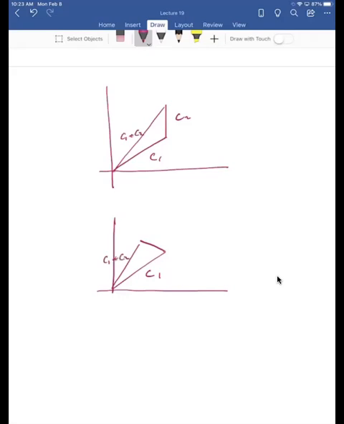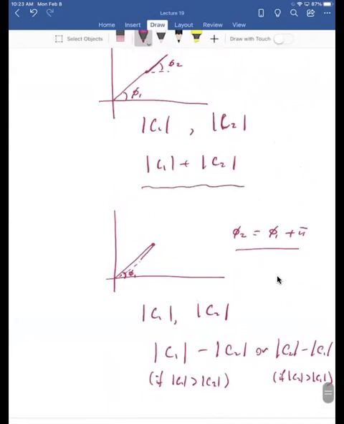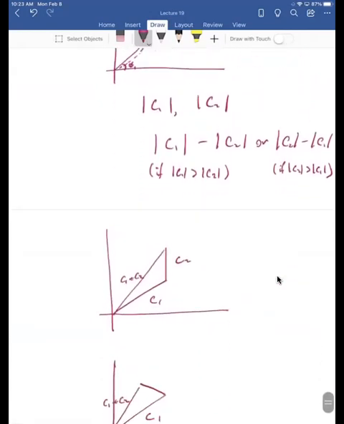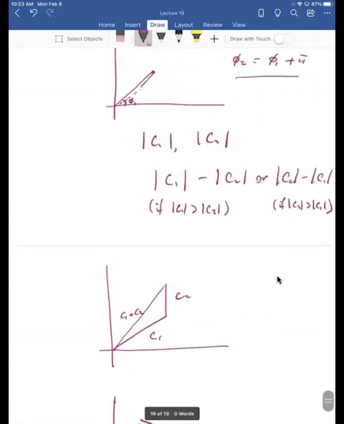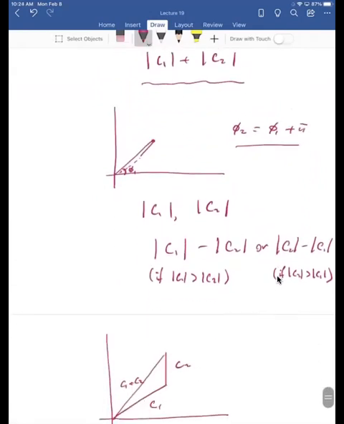And so depending on the phases, the outcome can be a complex number with magnitude given by this, which is the outcome with the largest possible magnitude, or it can be the outcome with the smallest possible magnitude given by this, or by this, depending on which of the two numbers, C1 or C2, has the largest magnitude.